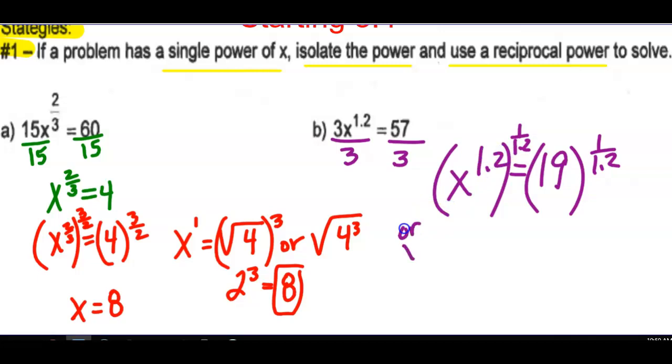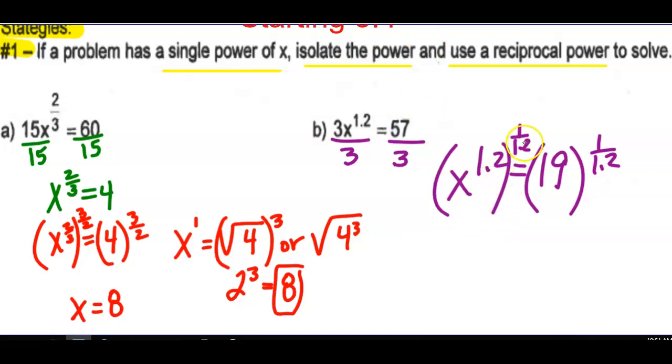So it is equivalent to taking each side to the 5/6. But it's okay if you're not good with fractions and you just do it this way, okay? Erase that because I think it's going to be confusing on the notes.